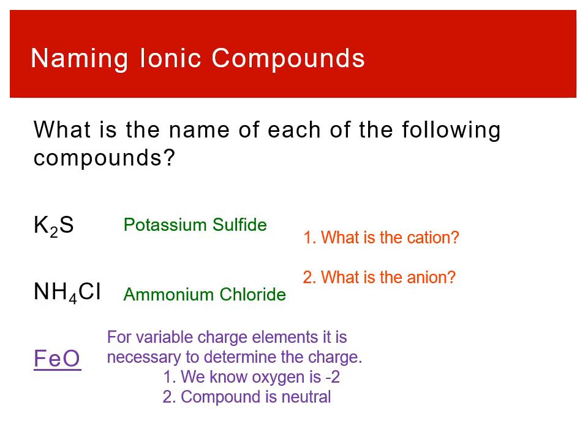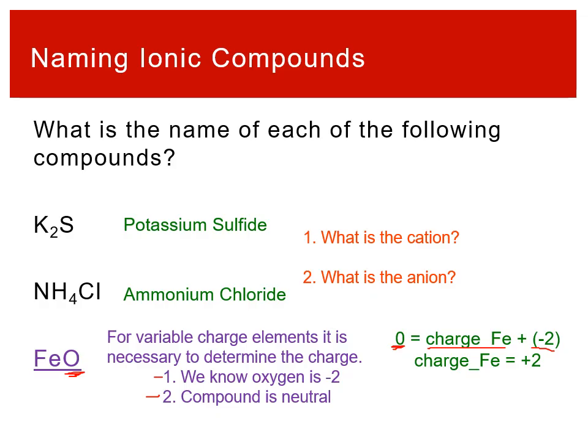We're going to use two facts. First, oxygen is -2 when it forms an anion. We know anions are always fixed charge, so oxygen is always -2. We also know that the overall compound has to be neutral. Cation plus anion has to add up. All your charges have to add up to 0. So the overall charge of 0 has to equal the charge of the iron atom plus the -2, which is the charge of this oxygen. We have one Fe and one oxygen.